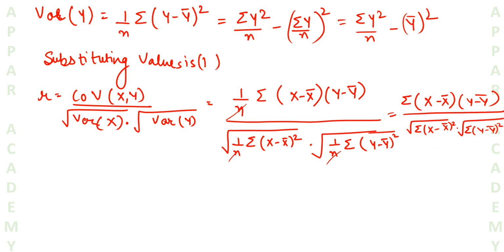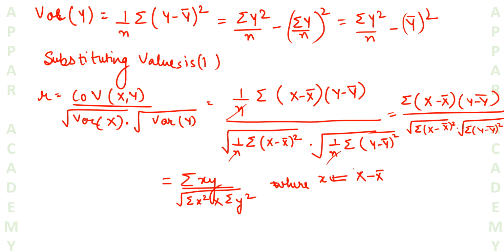So can we write this out? Now this can also be written as summation small x small y upon square root of summation x square into summation y square, where small x is simply equal to x minus x bar and small y is equal to y minus y bar, right?